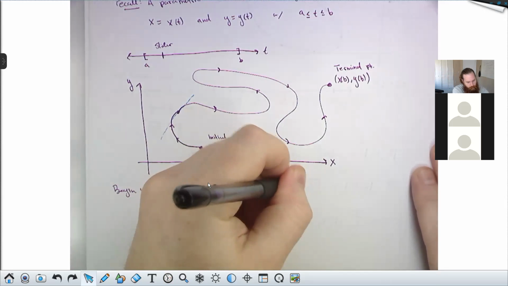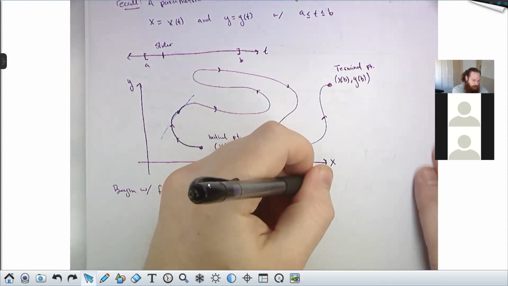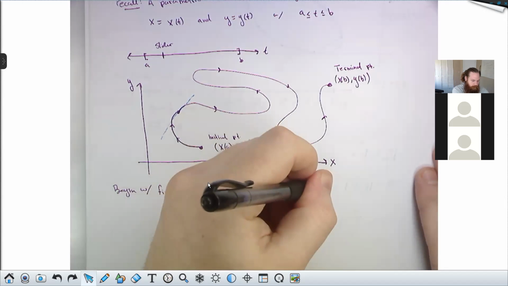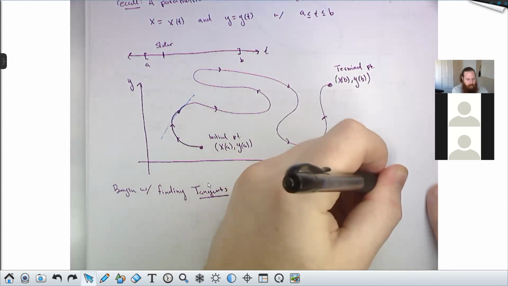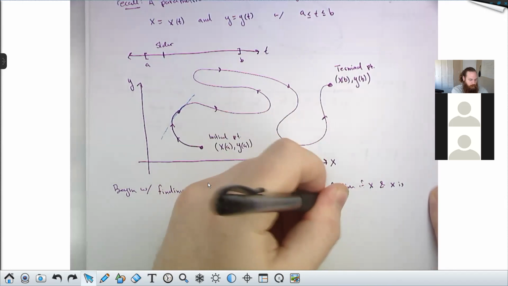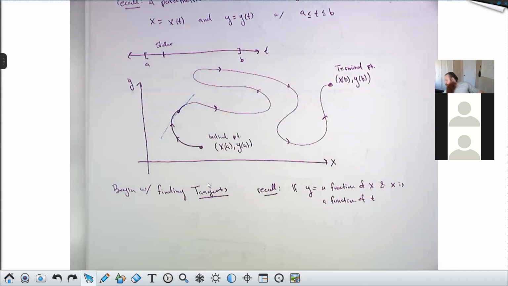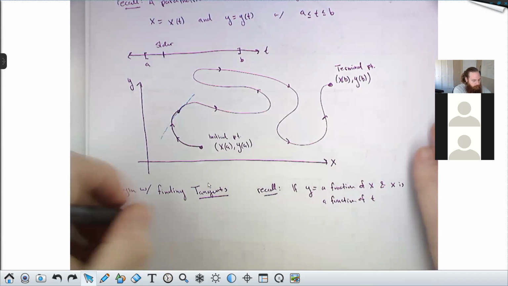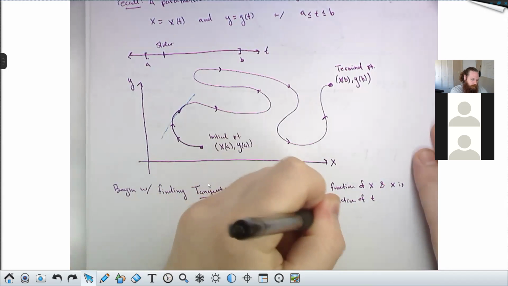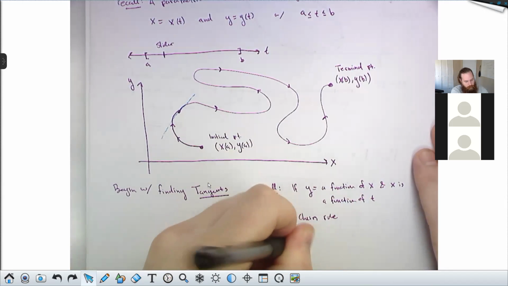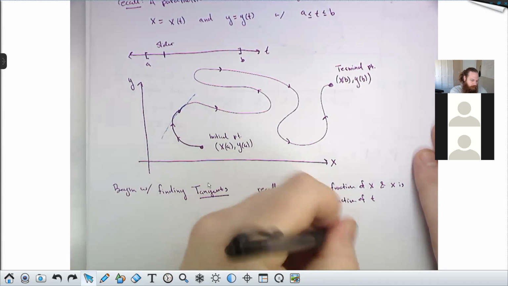If y is a function of x and x is a function of t, then by the chain rule, dy/dt would be dy/dx times dx/dt.